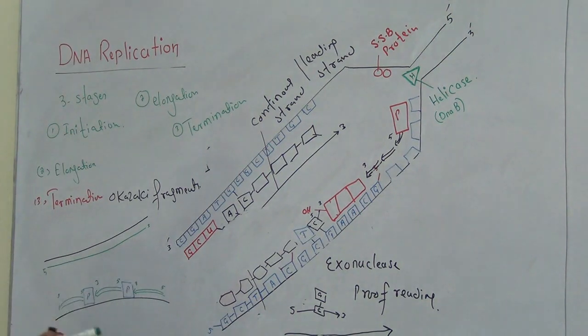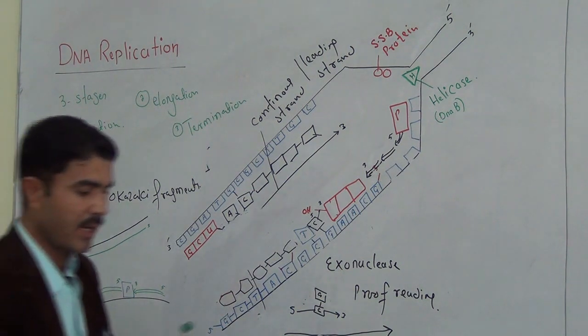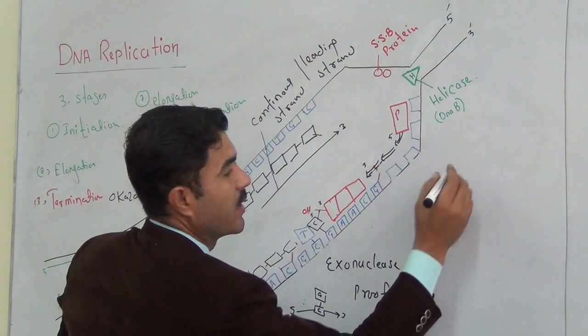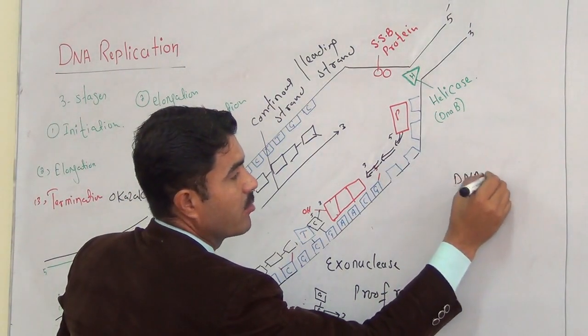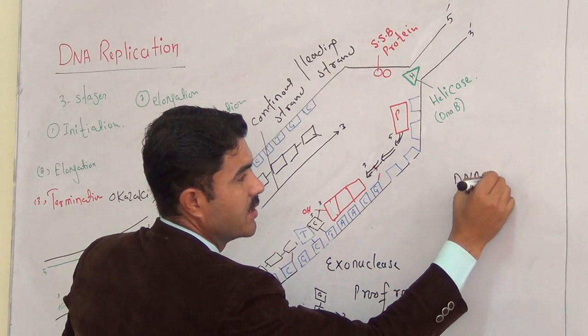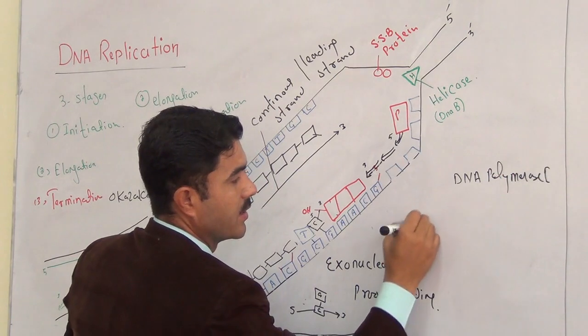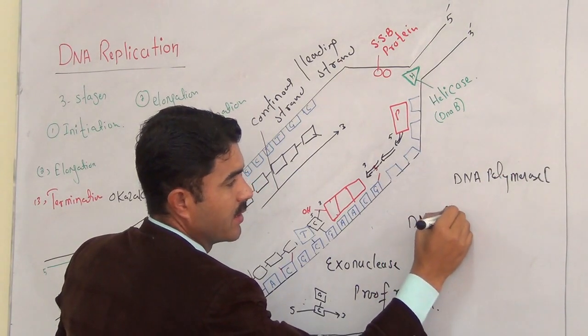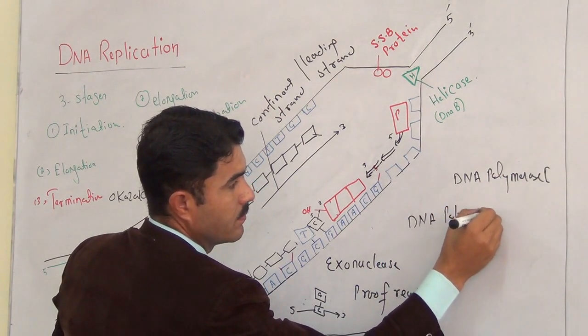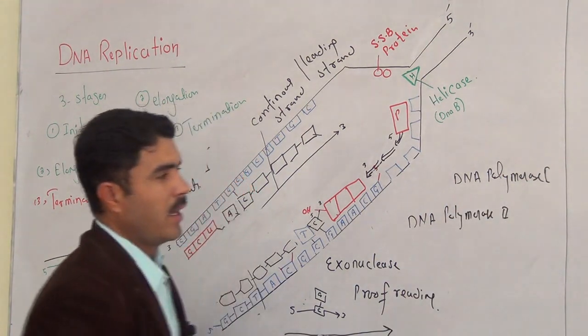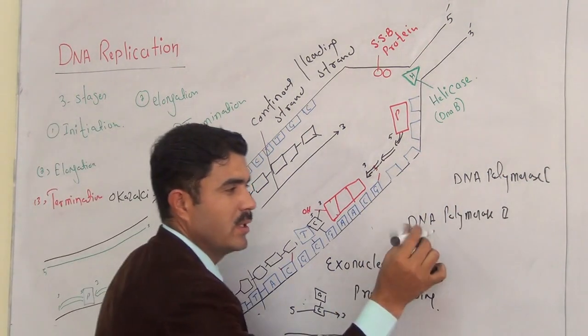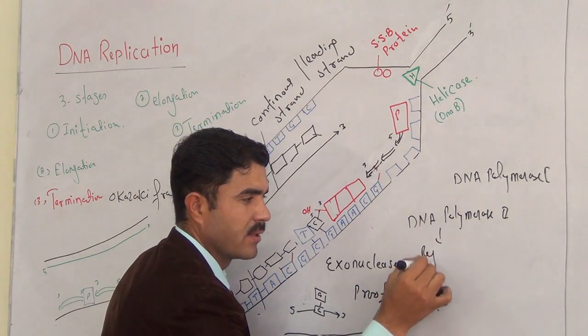Now we will come to another topic, that is the DNA polymerase 1 and the DNA polymerase 2. The DNA polymerase 2 is involved in repair.